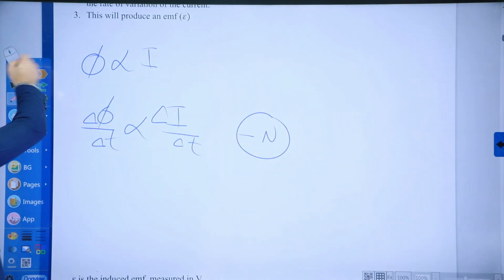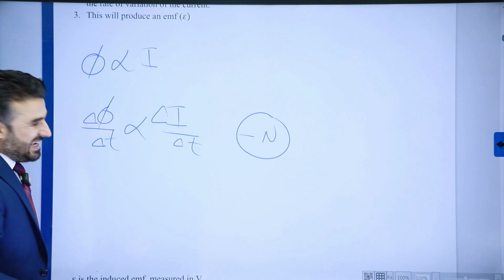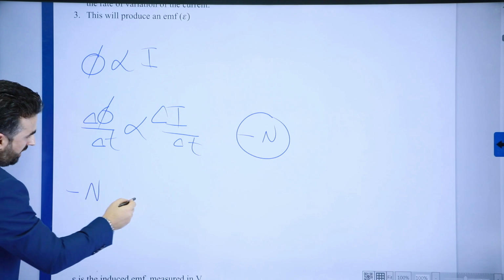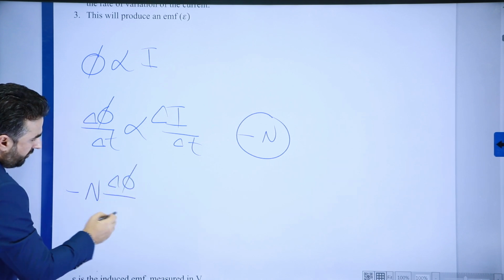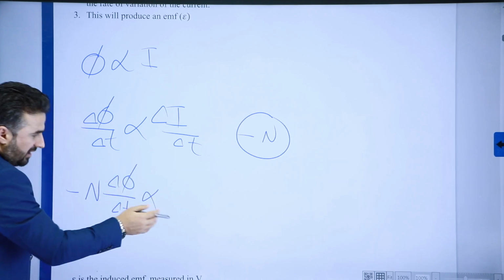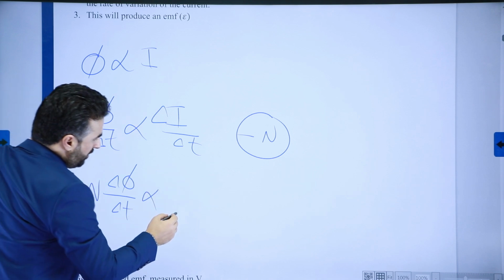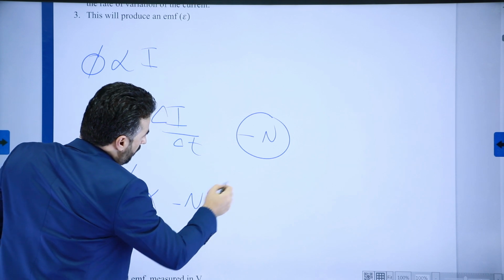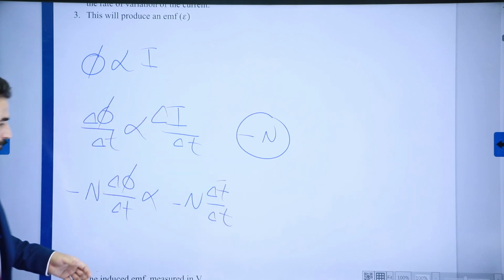So in this case, we get negative N delta flux over delta t, which is basically proportional to negative N delta I over delta t here.